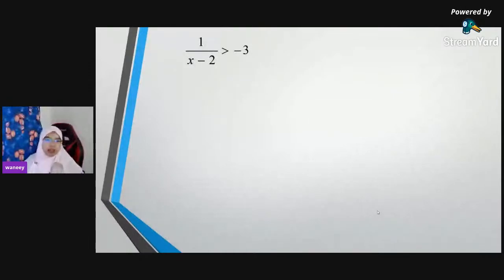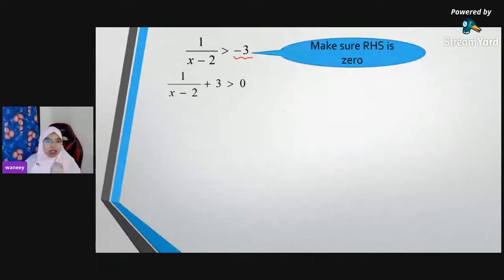So we have 1 over x minus 2 greater than negative 3. This is a rational function. The first step, you got to make sure that the right hand side is 0. This is negative 3, obviously not 0. Therefore, you should bring it to the left hand side, so it will become plus 3 greater than 0.